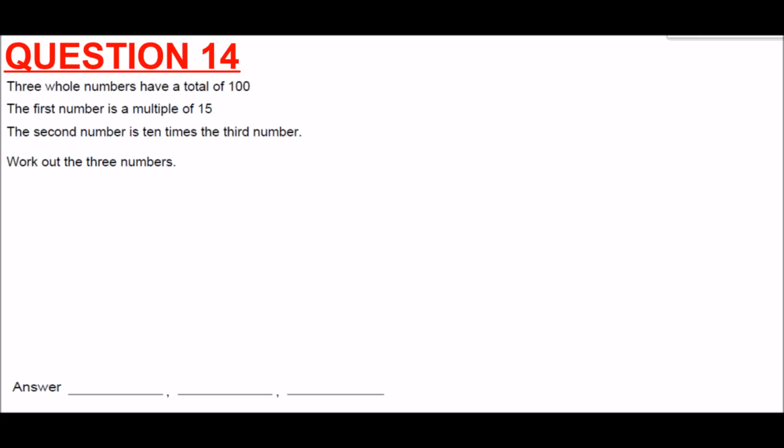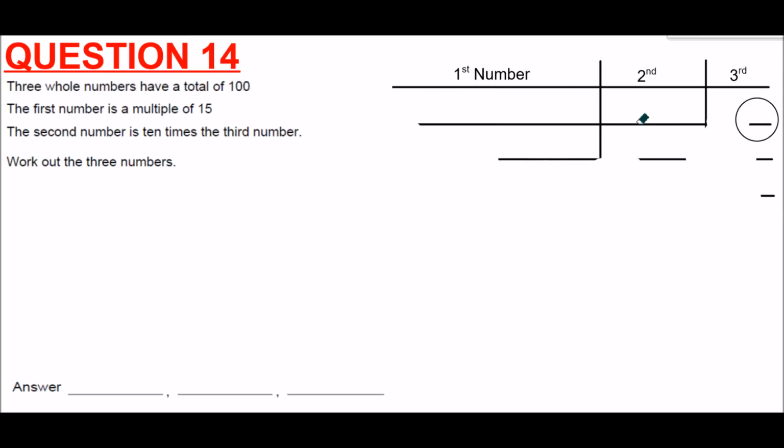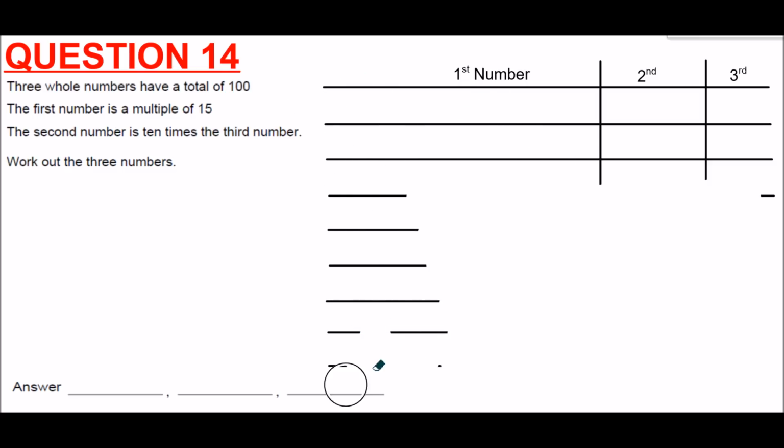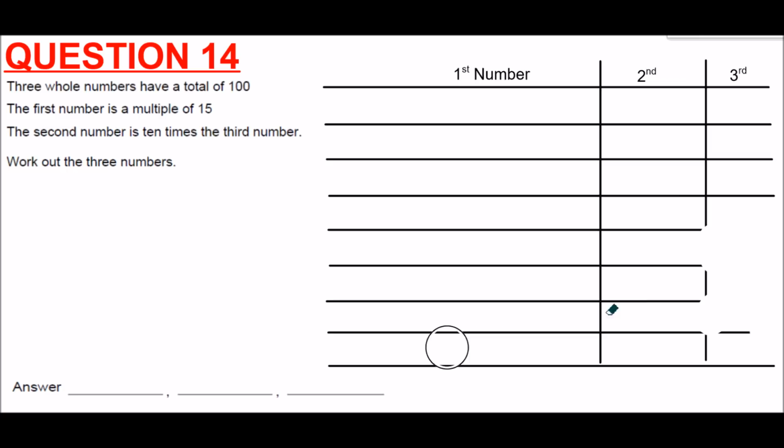What I'd suggest, to be honest, is a case of systematic trial and improvement, just based on the information we've been given. So what I'd suggest is to think of some sort of system for tabulating different possibilities of what the first number could be, what the second one could be, and what the third number could be. Multiples of 15 could be anything, but the good thing is we're limited by the total being 100 and the whole numbers.